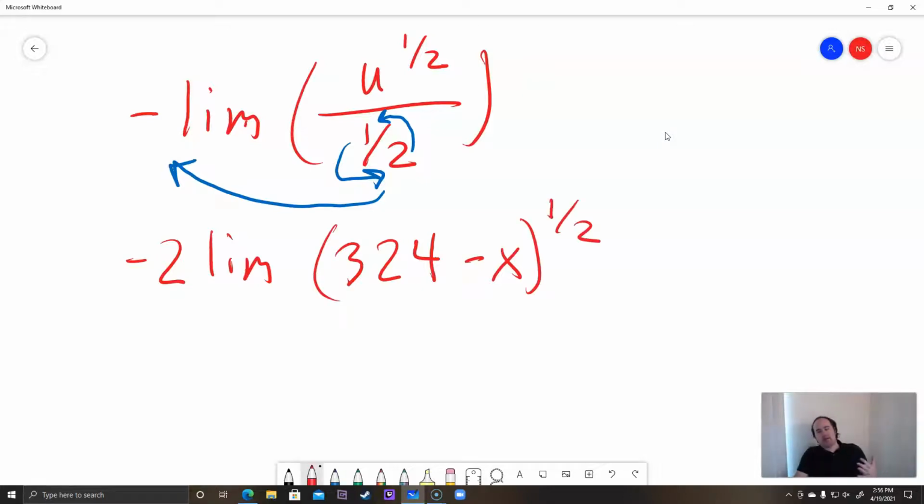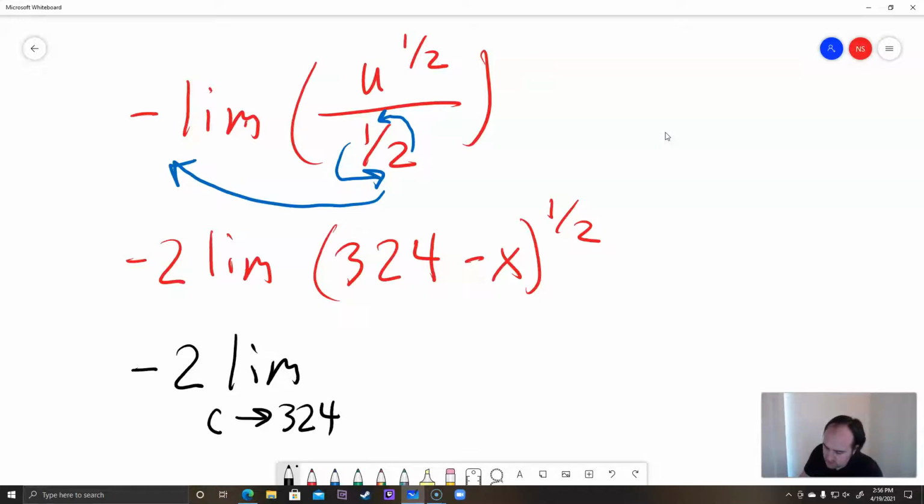So remember, the 1/2 power is the same as the square root. So really what we have here is negative 2 times the limit as c approaches 324 from the left of the square root of 324 minus x.